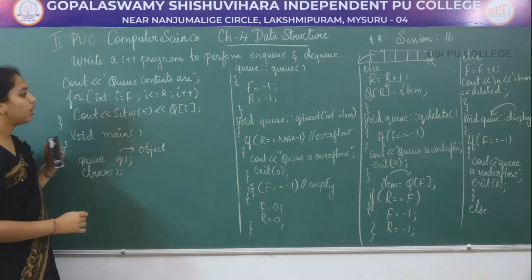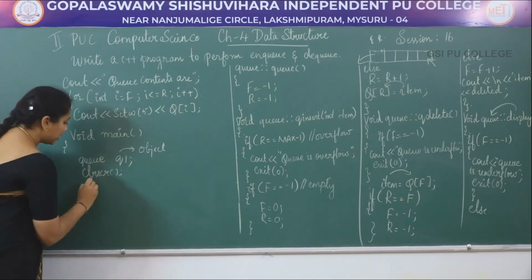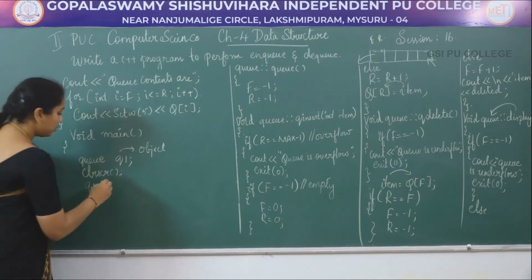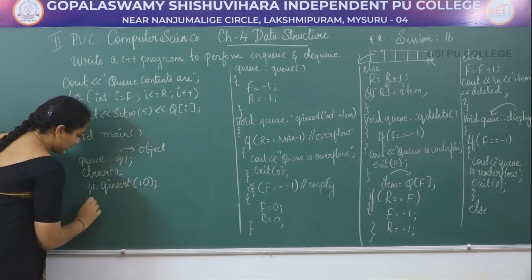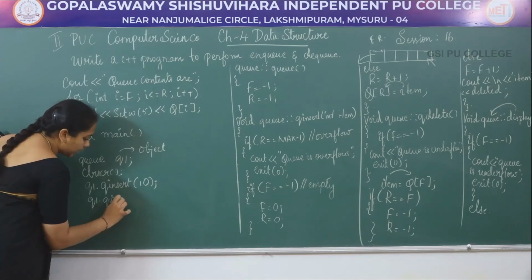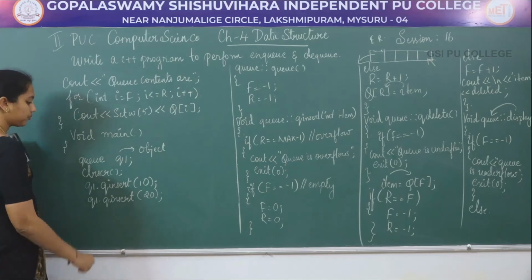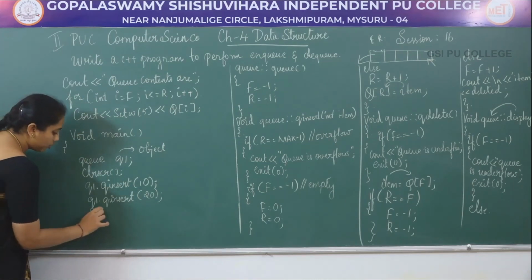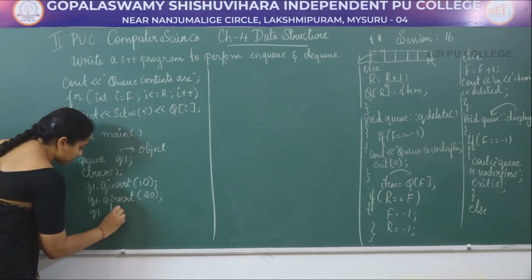Now I am going to call all the functions using the object name. That is Q1 dot Q insert. I am going to insert an item called 10. Again I use the function Q insert to insert an item called 20. Next I call Q1 dot display to display the queue items.